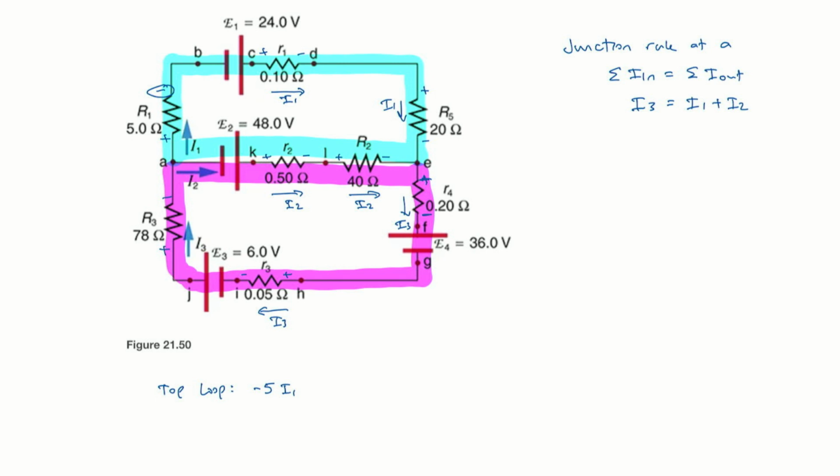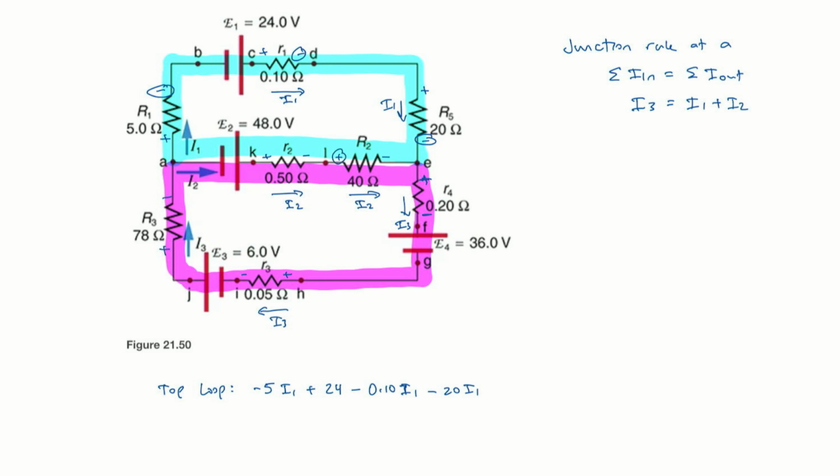We see the long end of the EMF last, so that's going to be plus 24 volts. Next is the internal resistor. It is 0.10, and the last sign we see is minus, so minus 0.10 I1. Then we have our 20. Last sign we see is the minus, so we've got minus 20 I1.